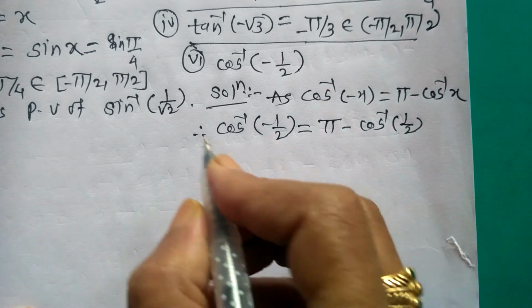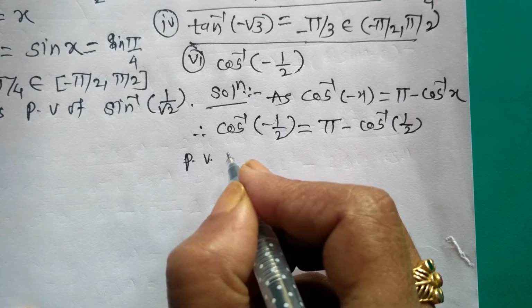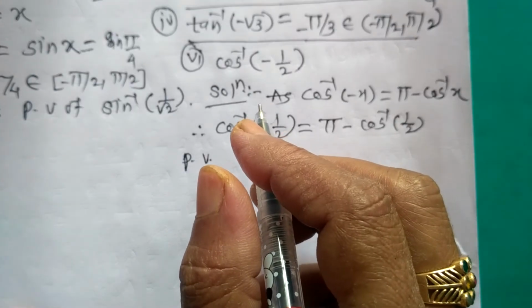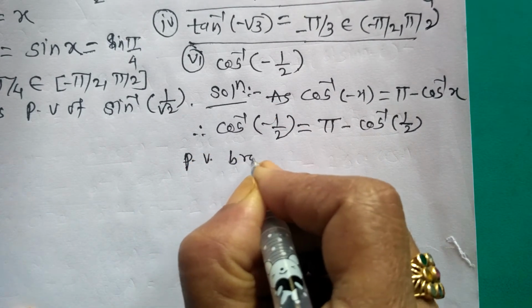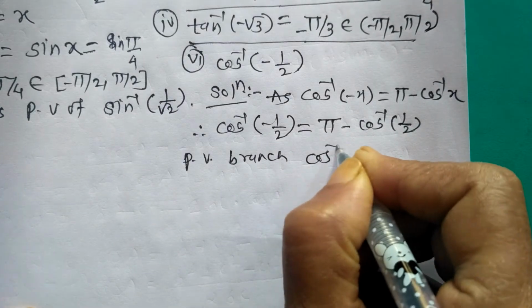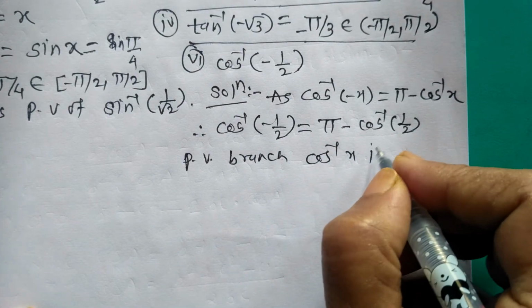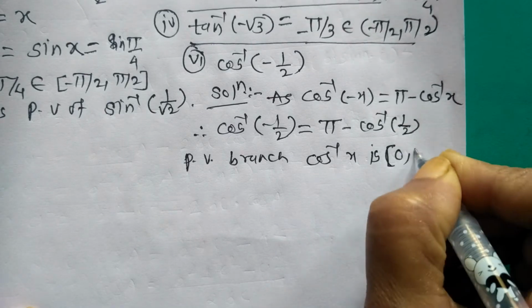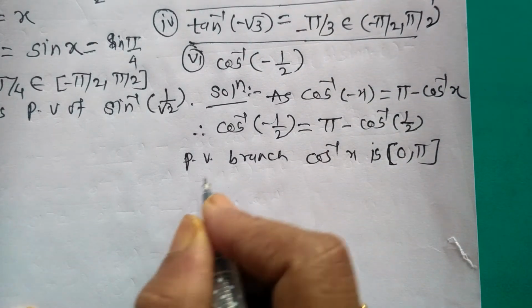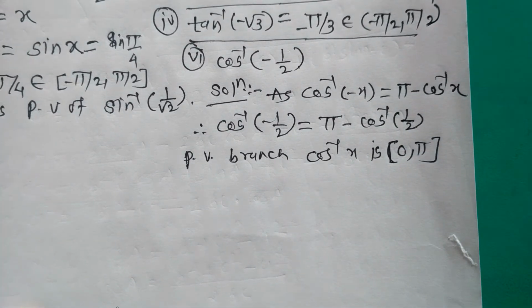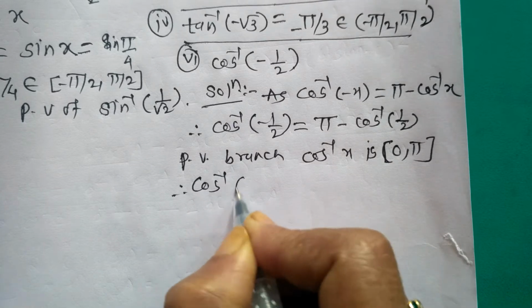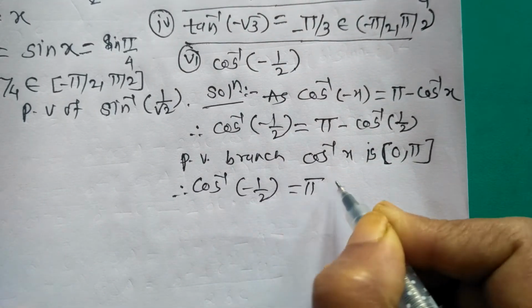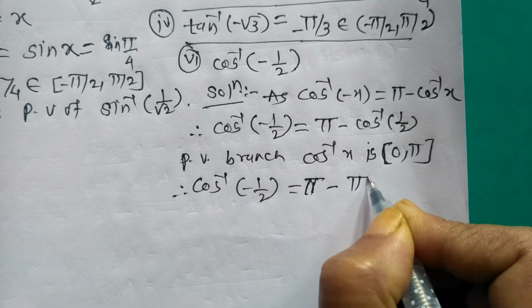Now the principal value branch of the function cos inverse x lies in the closed interval 0 to pi. The cosine ratio has value half for the angle of 60 degrees, that is pi by 3, and therefore cos inverse of minus half is equal to pi minus pi by 3.